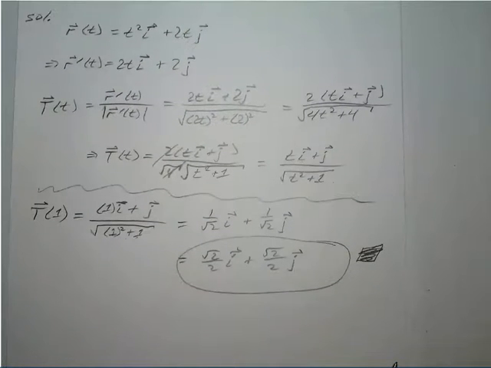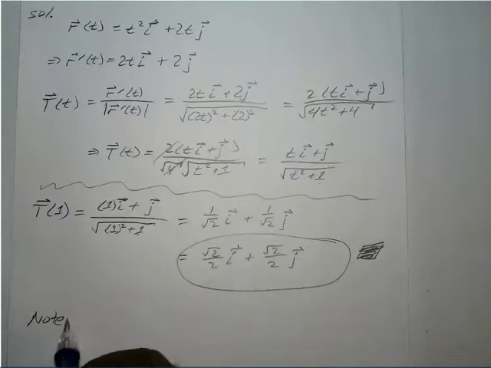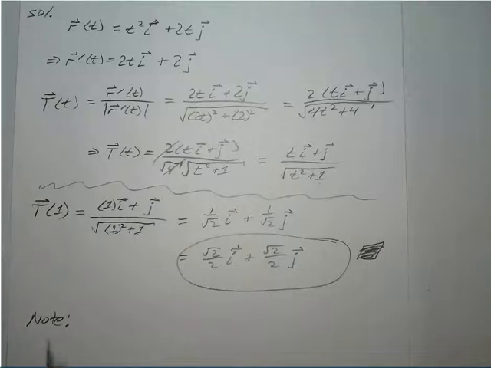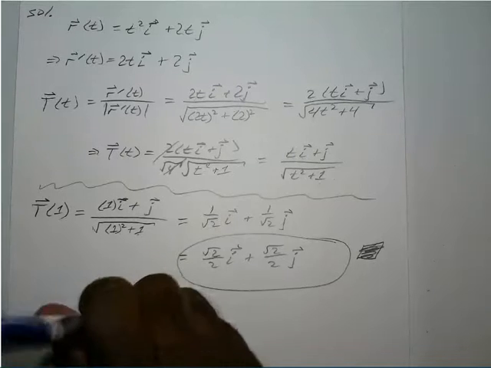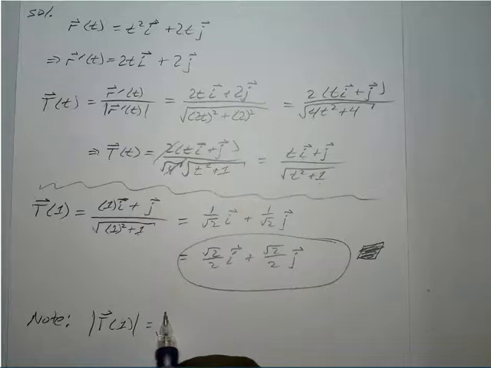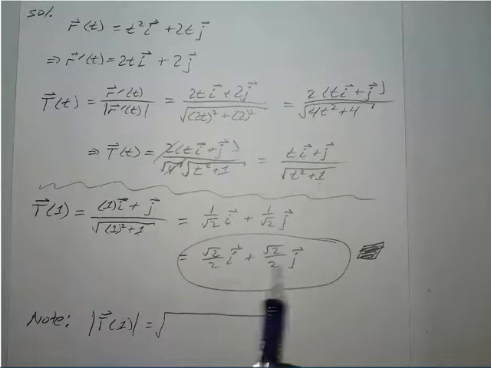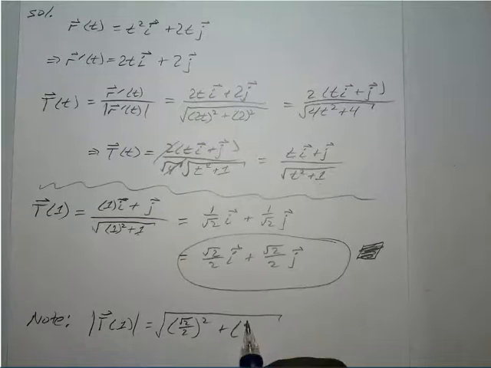Okay, quick side note. In case you were wondering, the magnitude of the unit tangent vector at t equals 1 is equal to the square root of each of those components squared. We have square root of 2 over 2 squared plus square root of 2 over 2 squared.